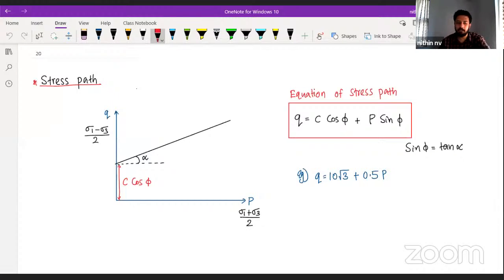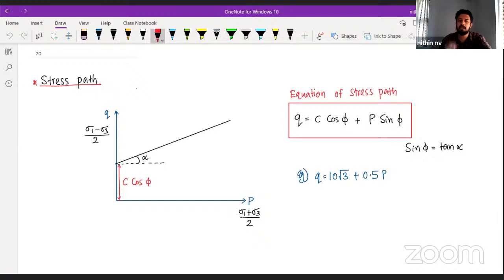Simply it is a representation of some maximum shear stresses. Simply remember, if you are drawing a graph with sigma 1 minus sigma 3 by 2 on the y-axis and sigma 1 plus sigma 3 by 2 on the x-axis, we are going to get a straight line. We are assuming it as a straight line. It is actually the locus of maximum shear stresses.